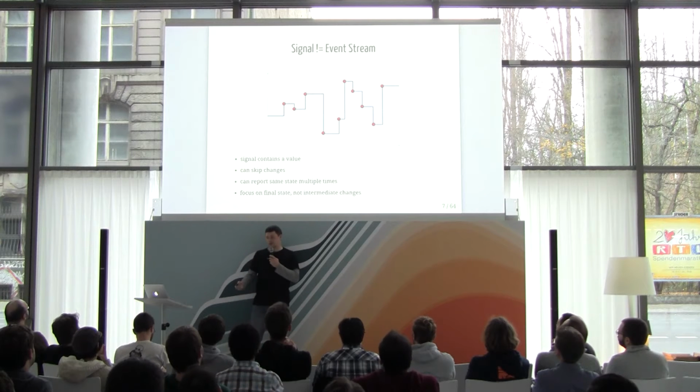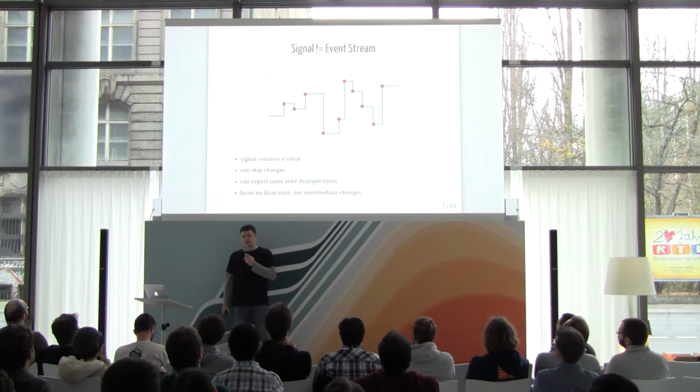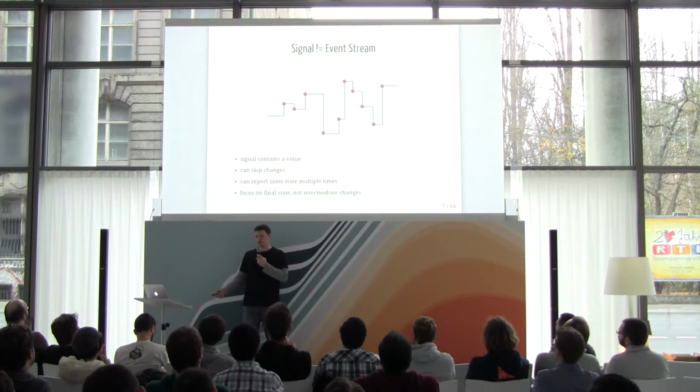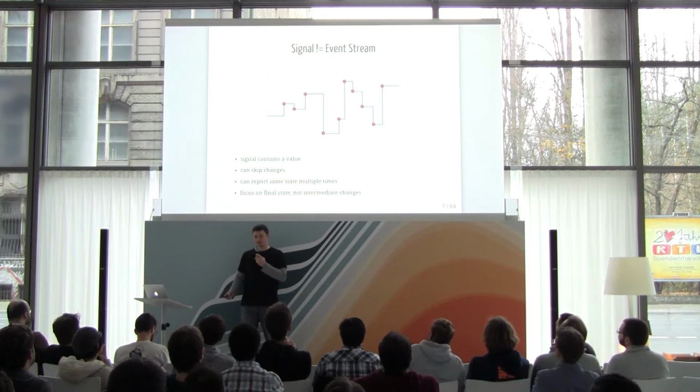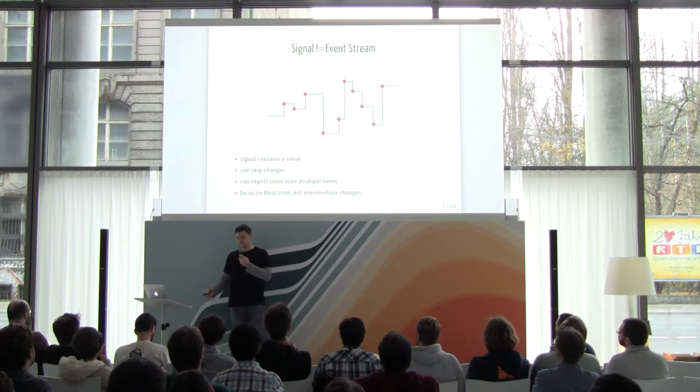For many people, a signal could look very much like an event stream. We can actually convert a signal to an event stream. In this example, the blue line is a signal, and the red dots are the event stream which corresponds to the signal.